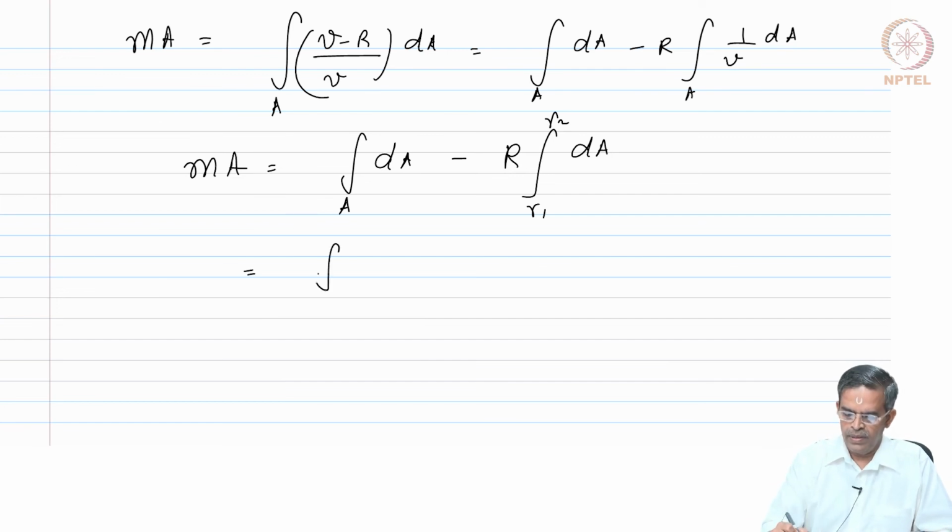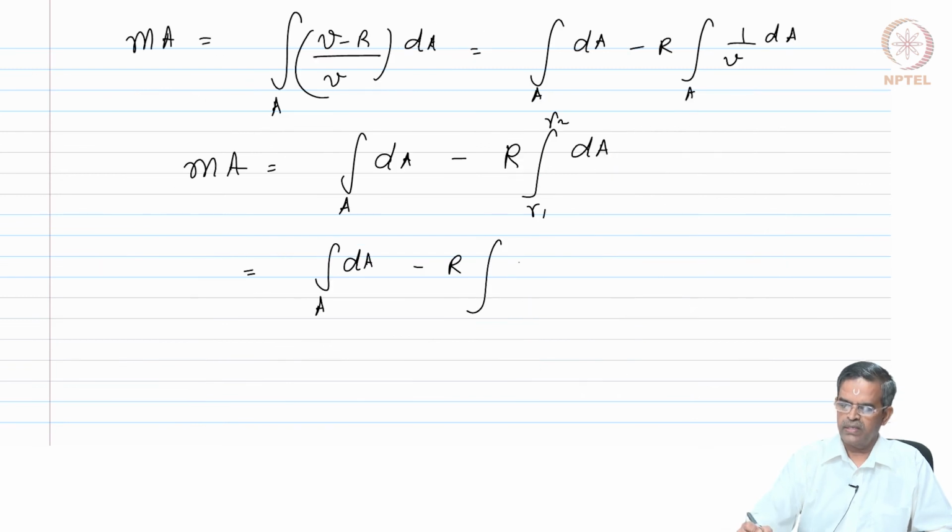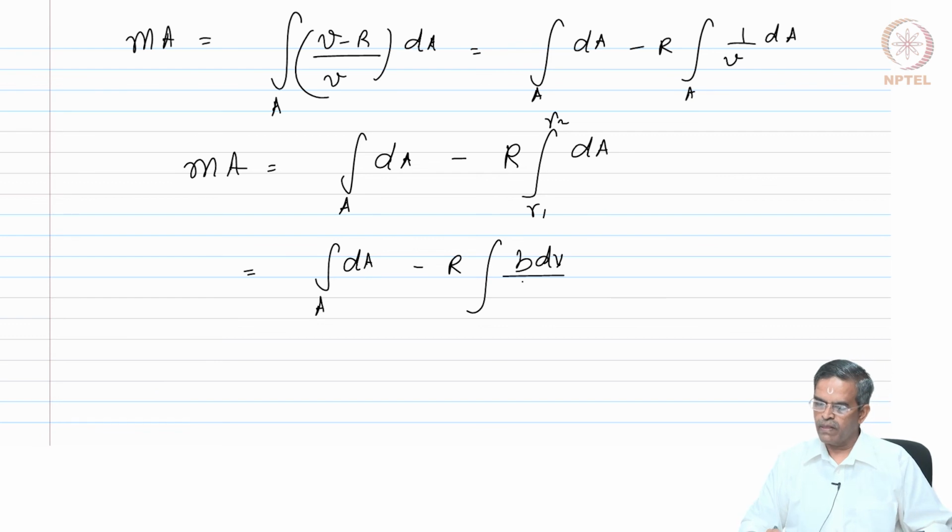Which will be integral dA for A minus R times, we already have dA here, which is B dV, so B dV by V.